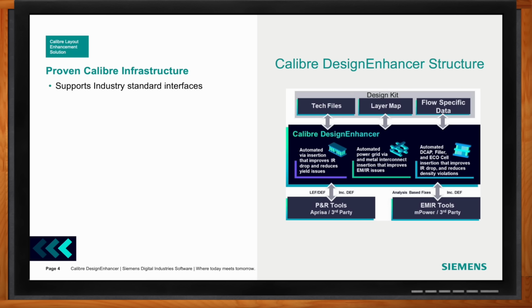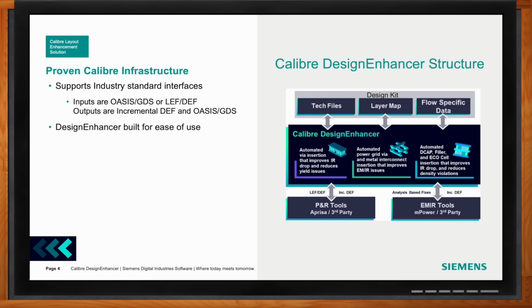We use industry standards such as OASIS and GDS. Plus, we also support the LEF/DEF interfaces for those place and route tools. And then all of our changes are output in an incremental DEF so that they can be annotated back into the place and route tools.